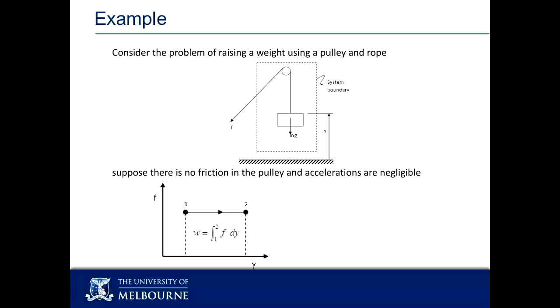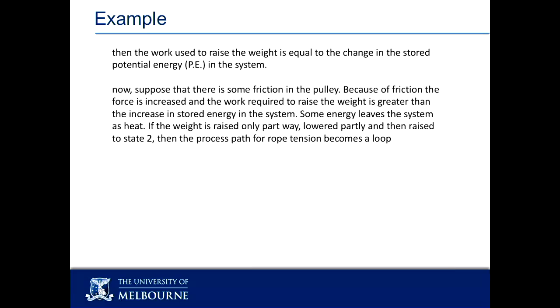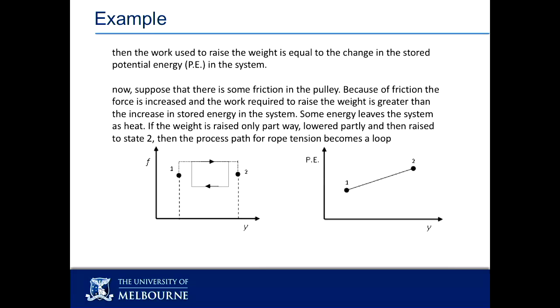So if there's no friction and accelerations are negligible, then I have this area under the curve. If I go from 1 to 2 at a constant force over a constant distance, force over distance gives me this, which is the area. It gives me the area which is equal to the work of this system. And the potential energy has gone up as I pull it up. And then we jump over to the next side. If I do that again, this is state 1 and state 2.